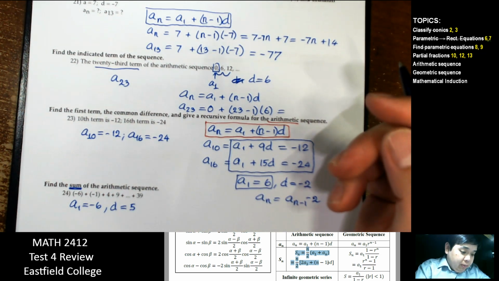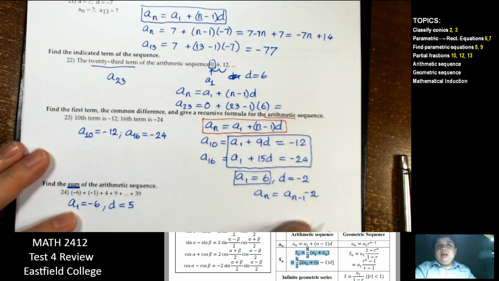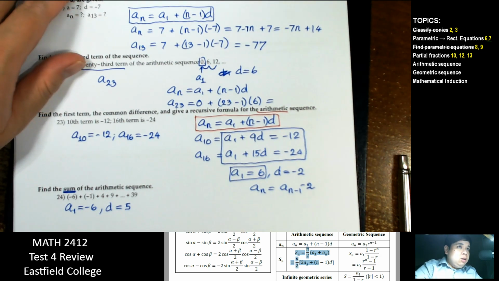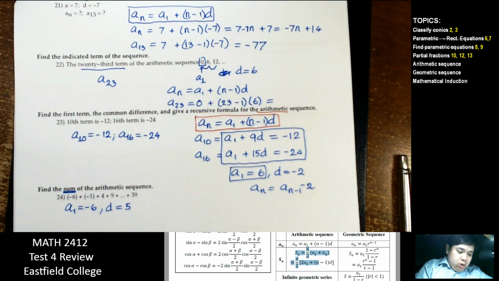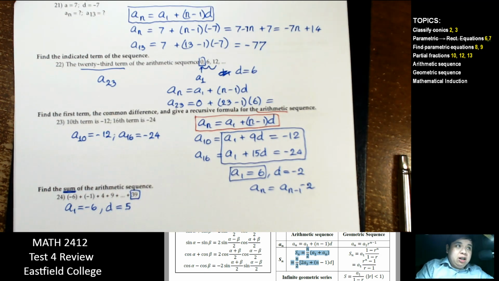Next, in the formula for the sum, either we have to know the nth term, or at least we have to know the number of terms. So we need to find n. We know that the nth term is going to be 39.